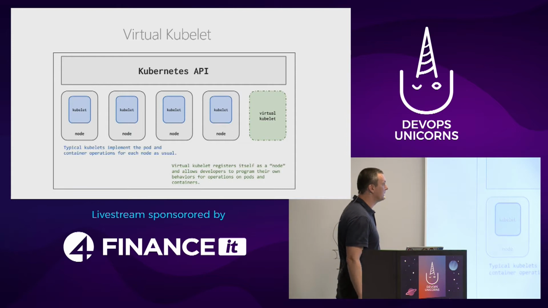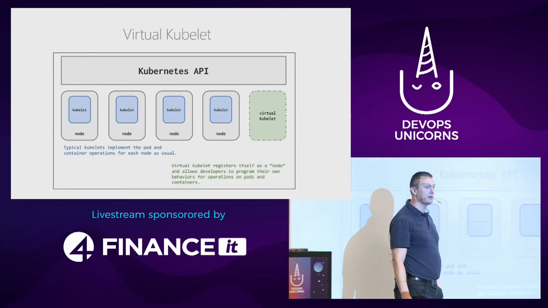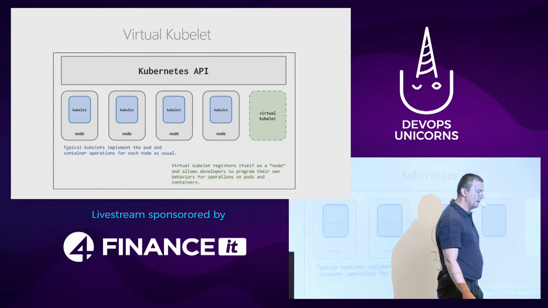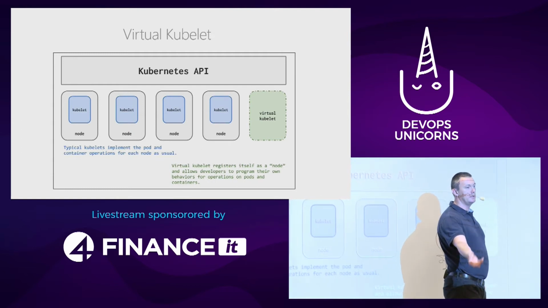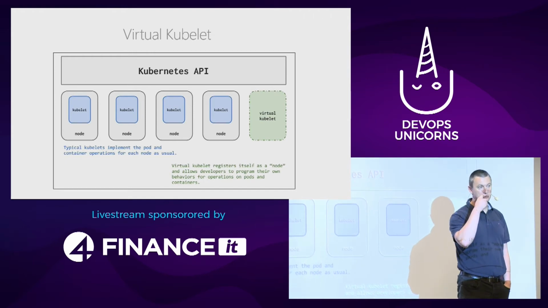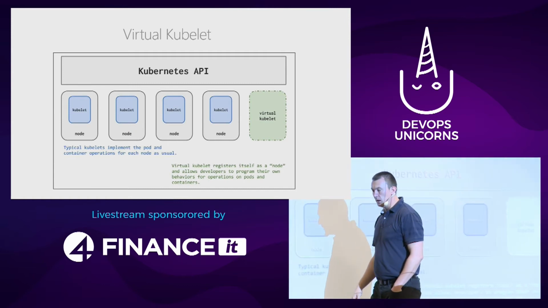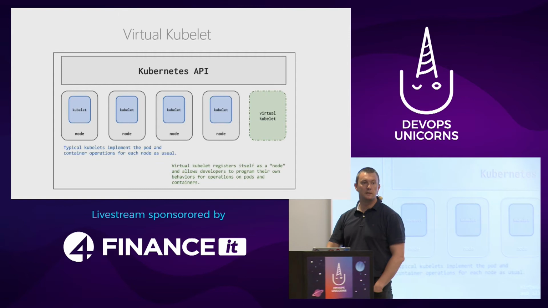In order to solve that problem, there was an internal hackathon, and the result was the virtual kubelet. If you remember the architecture I explained in the beginning, you have one component that is a daemon communicating with the master, giving back information about what is happening on the node itself.